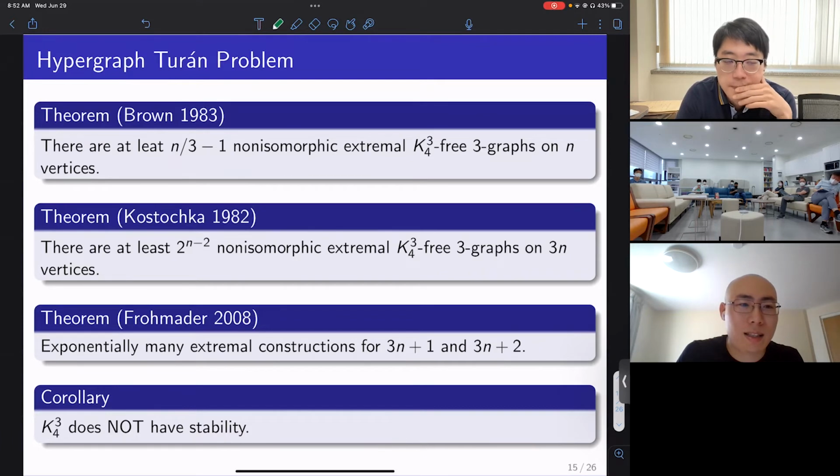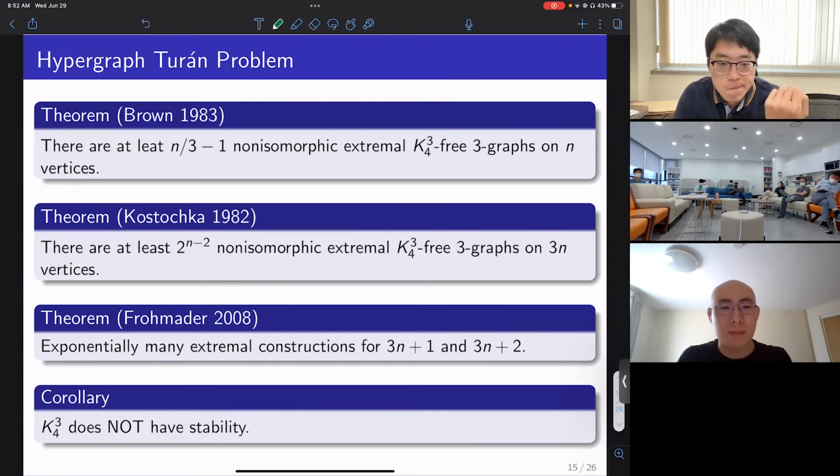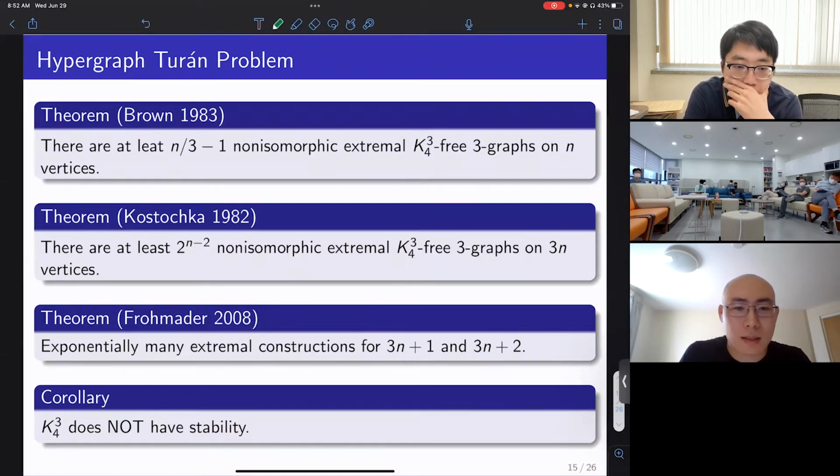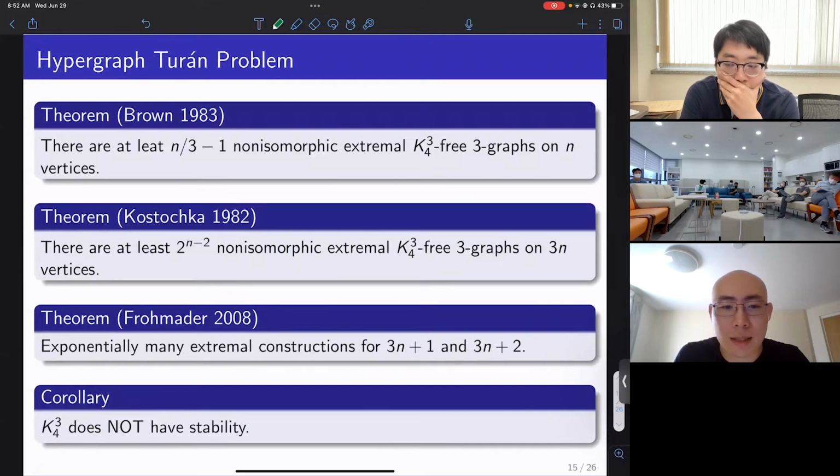This is linear in n, but this is not the worst case. Kostochka found that you can have exponentially many such constructions, meaning K4-free, but with the same number of edges as the extremal construction. And this is for n divisible by 3, but in general, you can do it for any n.